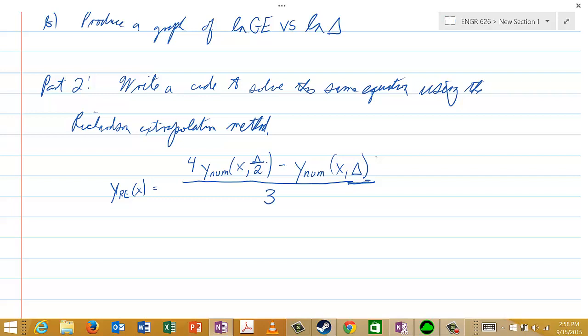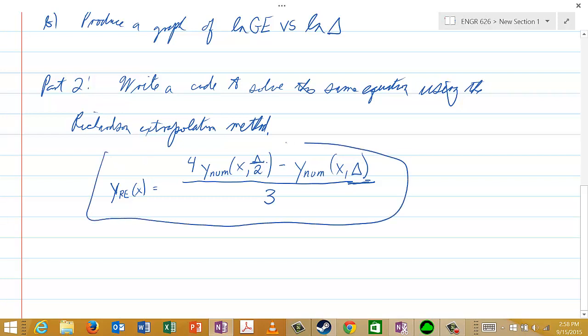You're going to calculate it with whatever your current value of delta is, and also calculate it with half of that delta. And then you will combine those 2 solutions, as is shown right here in this formula, to get a third solution, which we're calling YRE. That's the Richardson extrapolate.